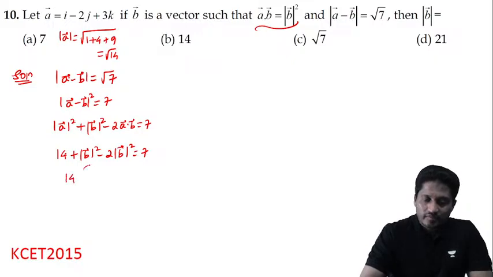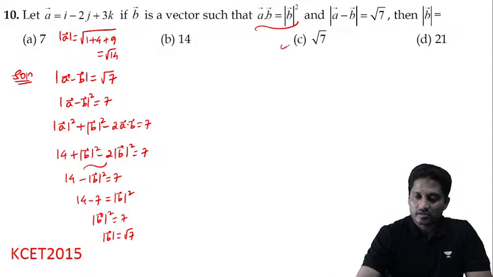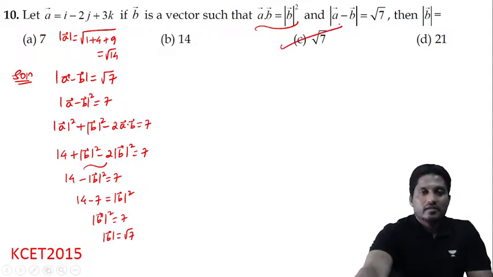So 14 minus mod B the whole square is equal to 7. 14 minus 7 is equal to mod B the whole square. Modulus of B the whole square is equal to 7. Mod of B is equal to root 7. Right? Answer is option C. Let's move to the next question.